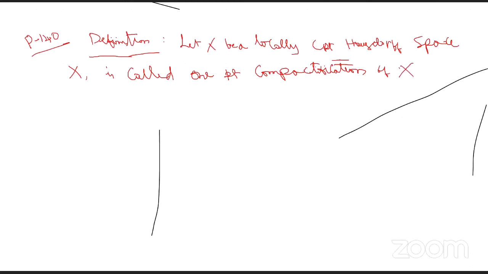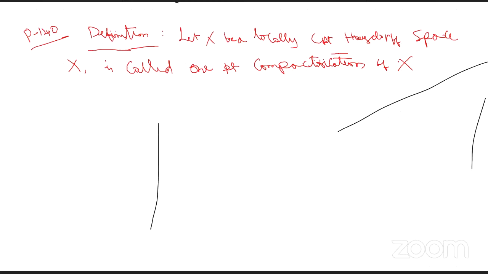Let X be a locally compact Hausdorff space; it is called the one point compactification.